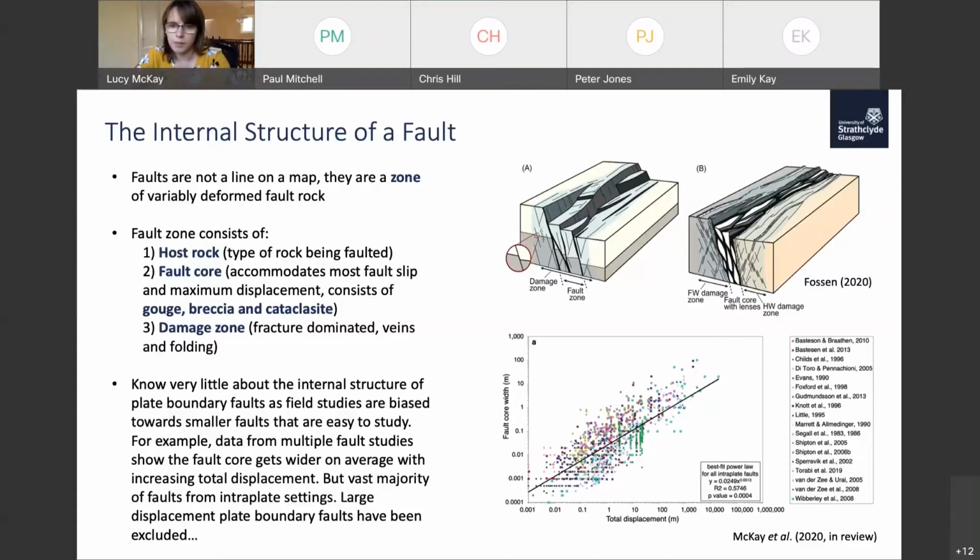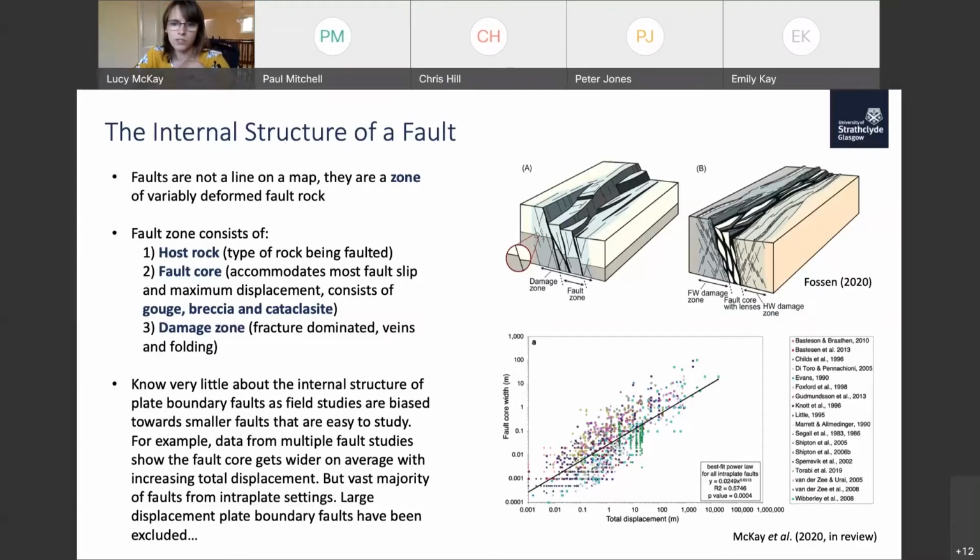But this displacement thickness scaling relationship represents a growth, where low displacement faults represent a stage of early growth, and they're narrow, but as the fault grows, the fault zone evolves into a wider and more complex zone with increasing displacement. And I've tried to show this in the schematics on the top.